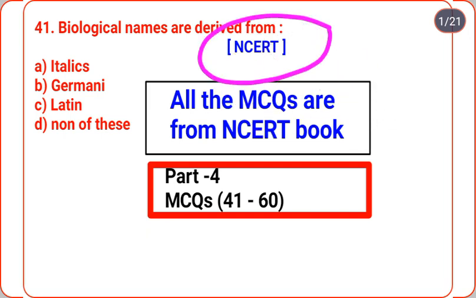We repeat, biological names are derived from option A italics, option B Germany, option C Latin, option D none of these. So here our correct answer is C, Latin. Okay, next.